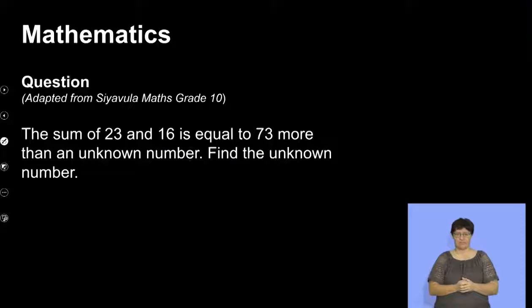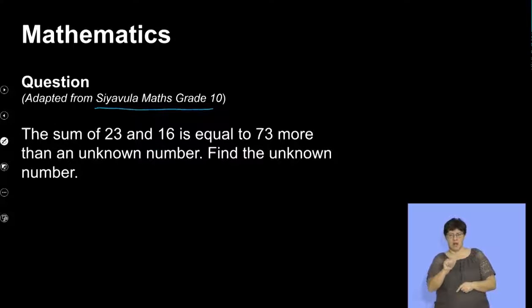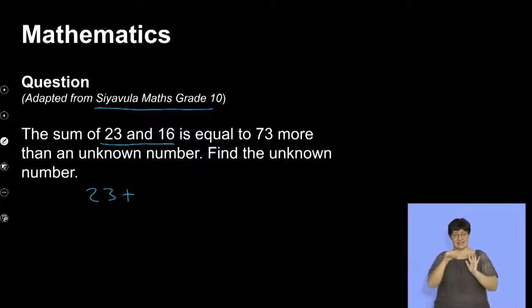Now, the very first question, as I said, I've adapted it from the Siyavula Maths Grade 10 platform online. It says the sum of 23 and 16. So if I add 23 plus 16, already I know that it is equal to 73 more than an unknown number.